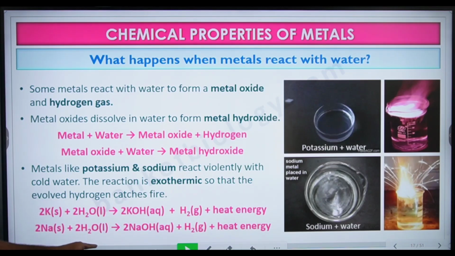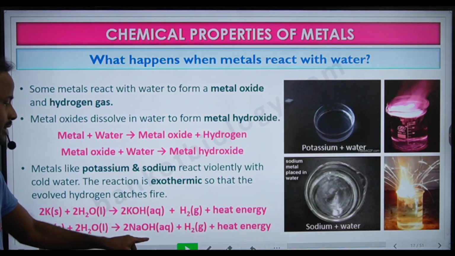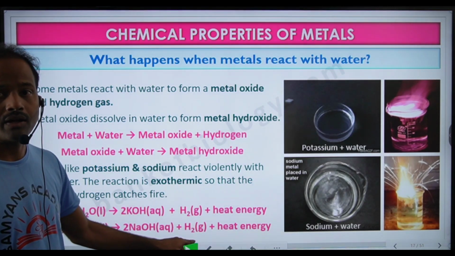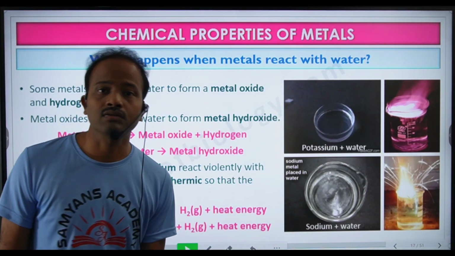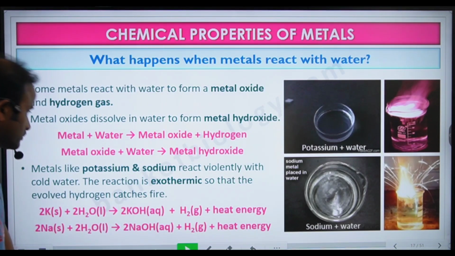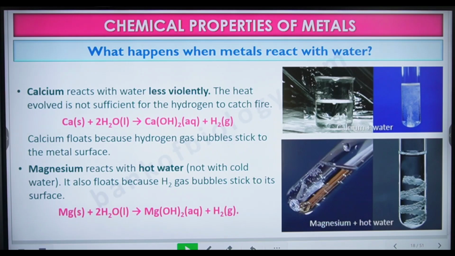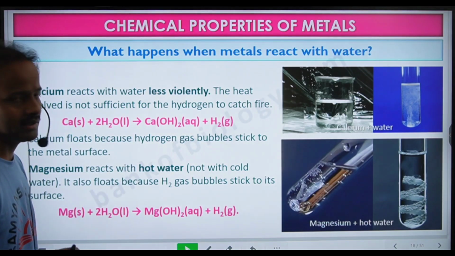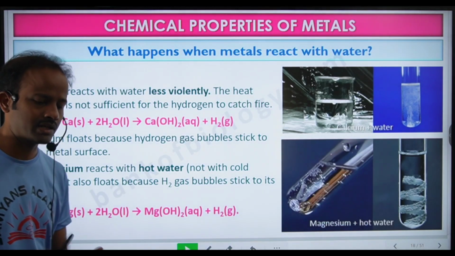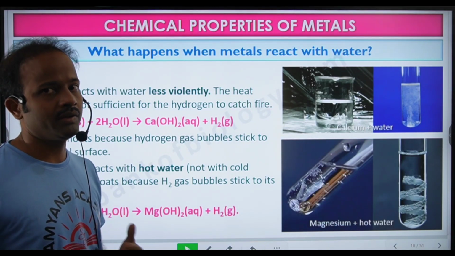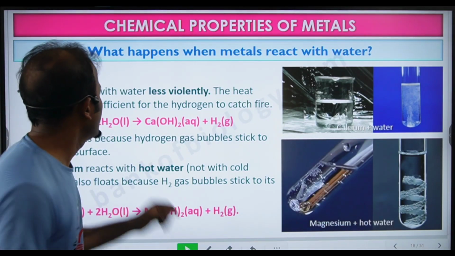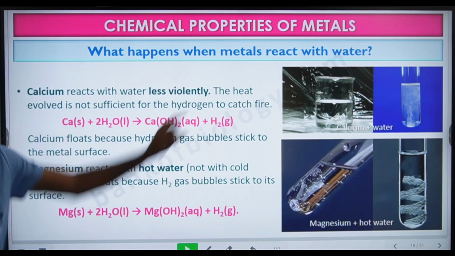Sodium, when dissolved in water, what will happen? It forms sodium hydroxide aqueous solution and liberates hydrogen gas, and in this process heat is also liberated, right? Now in the case of calcium, calcium reacts with water less violently. Compared to this, potassium and sodium react with water vigorously and violently, but calcium reacts less violently.